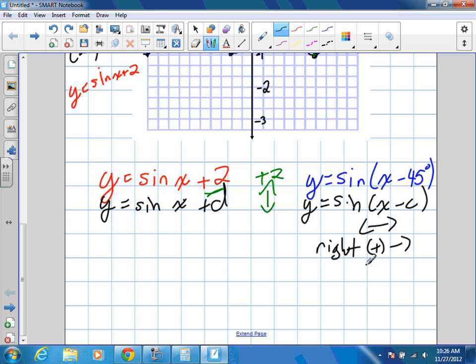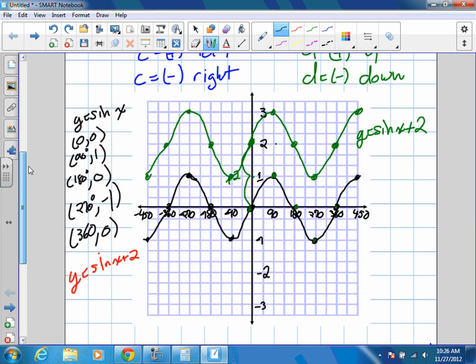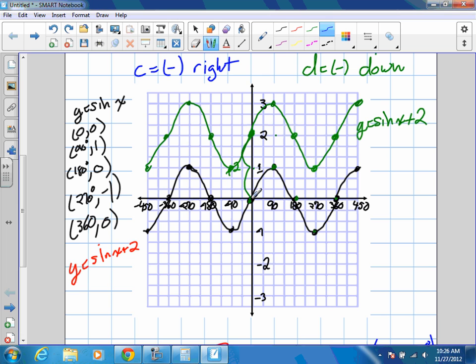So, let's go look at that original one again. 45 degrees to the right. I'm going to take all these 5 major points. Now, luckily, on my graph each of the units is 45. So, I'm moving this to the right, 45. So, each of those 5 major points has been moved 45 degrees. If we take a look at this now, it's going roughly the same.